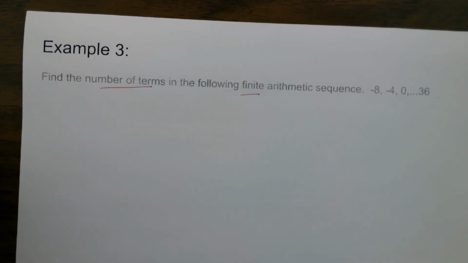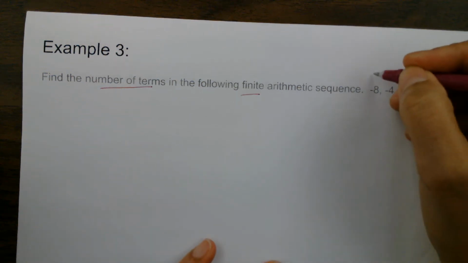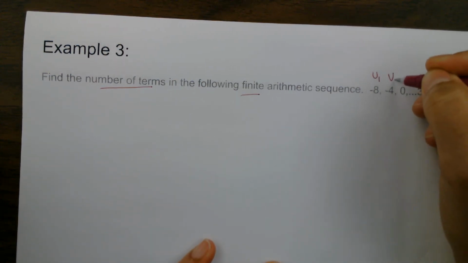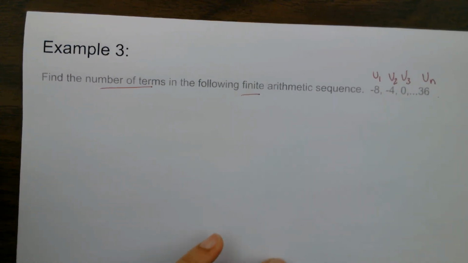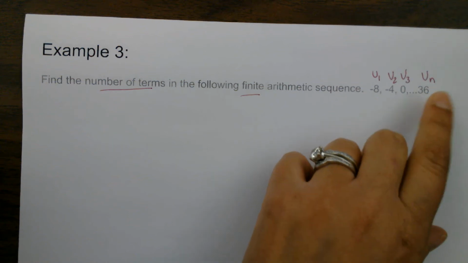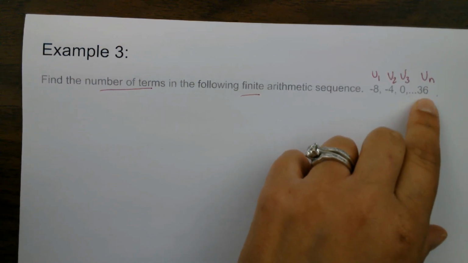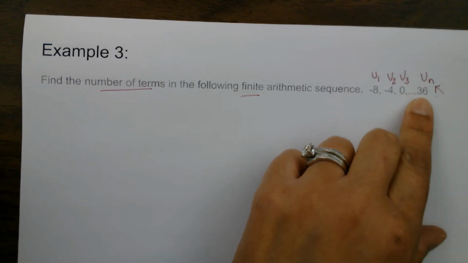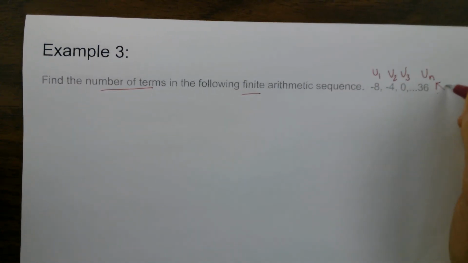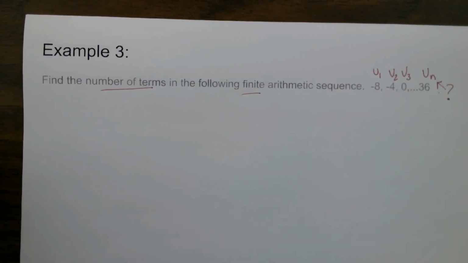This is u sub 1, this is u sub 2, this is u sub 3. We have no idea where it stops. Is this u sub 5? Is this u sub 14? Where does this stop? We don't know. What term is the number 36? What term number is that?